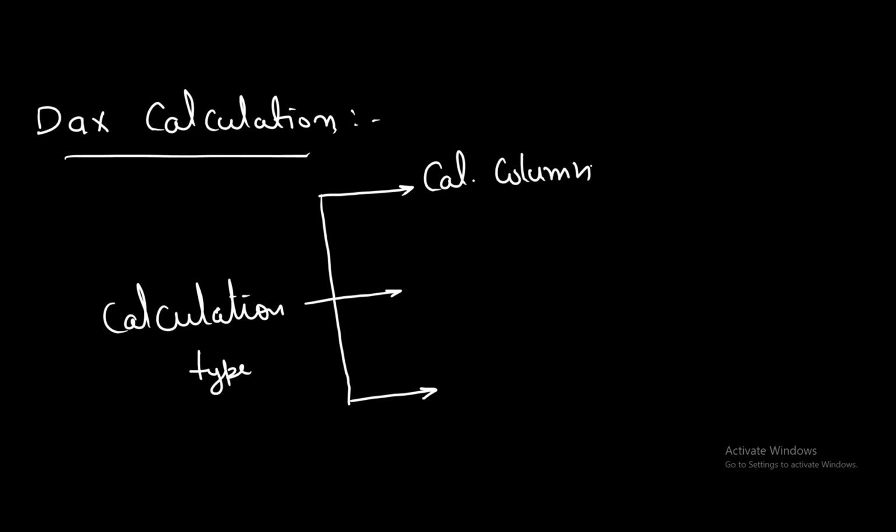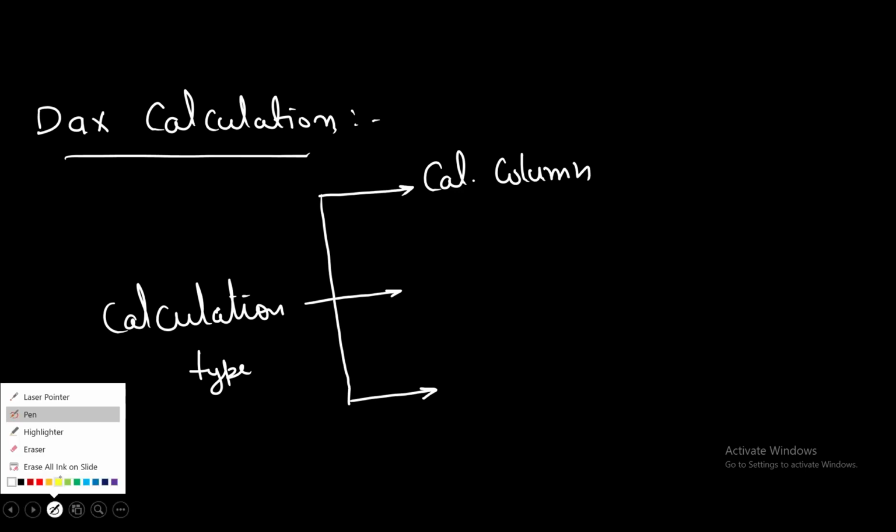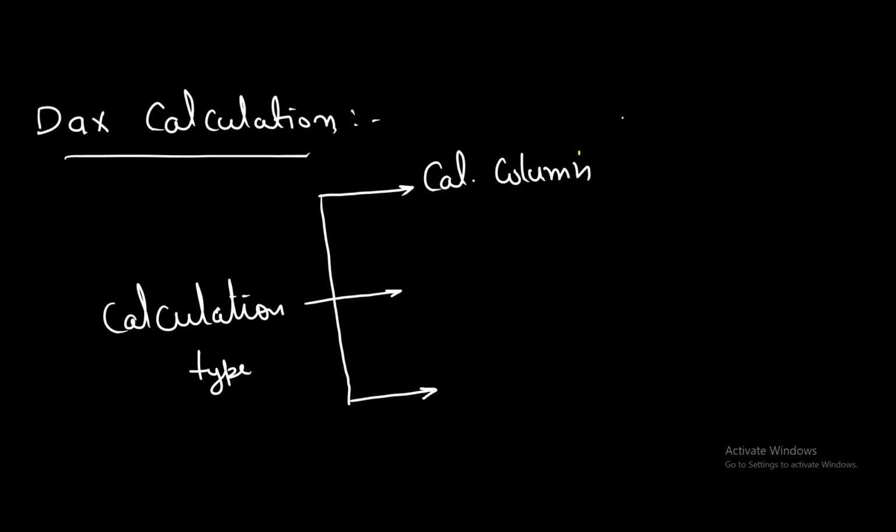What does calculated column mean? For example, in my table we have one column with first name, and another column with last name, right? And we want a third column which is the combination of first name and last name.